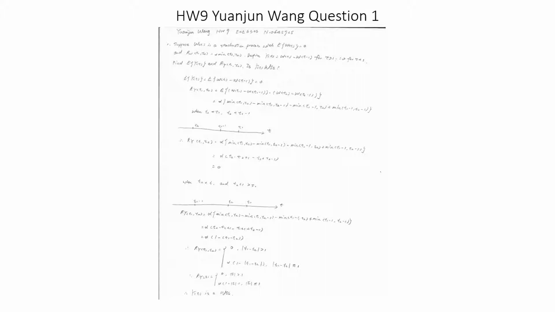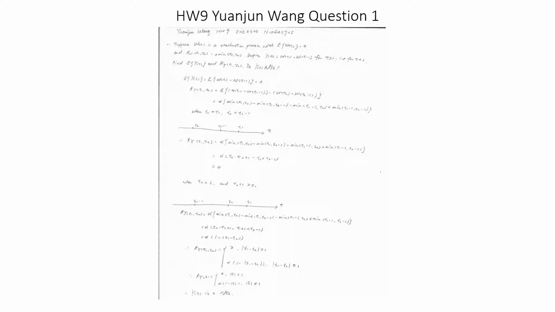As a conclusion, R_Y(t1, t2) is equal to 0 when the absolute value of t1 minus t2 is bigger than 1, and equal to alpha times (1 minus the absolute value of t1 minus t2) when the absolute value of t1 minus t2 is smaller than or equal to 1.